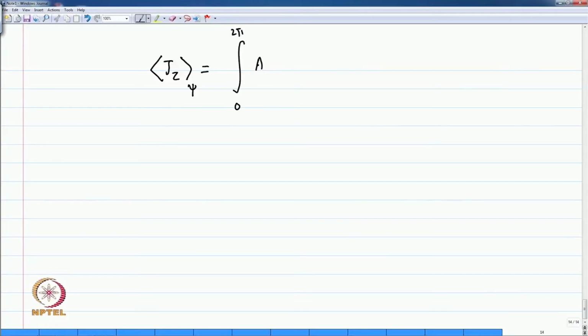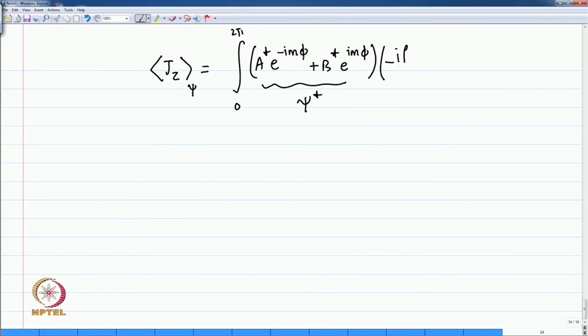You will have a star e to the minus i m phi, because this is psi star, plus b star e to the i m phi. This is the psi star, acting on now with the operator minus i h bar d by d phi, acting on the psi, which is a e to the i m phi plus b e to the minus i m phi d phi.